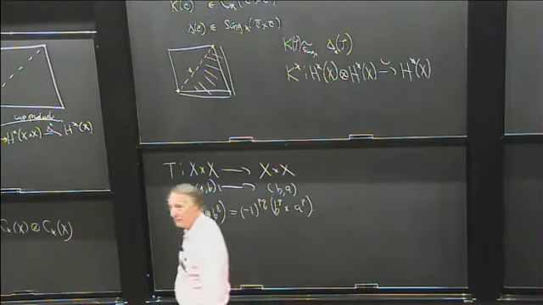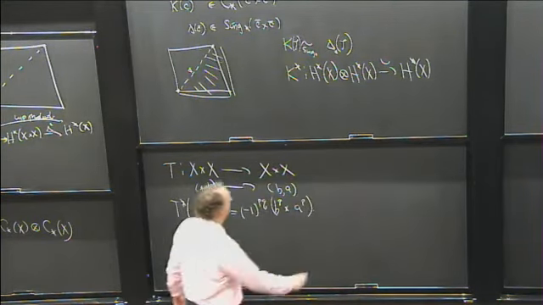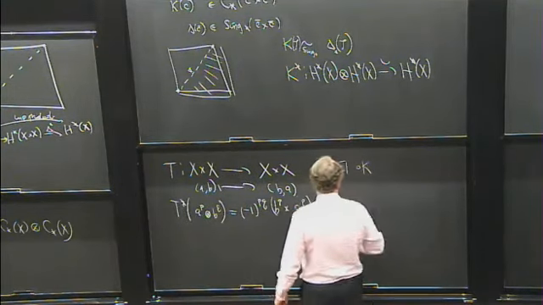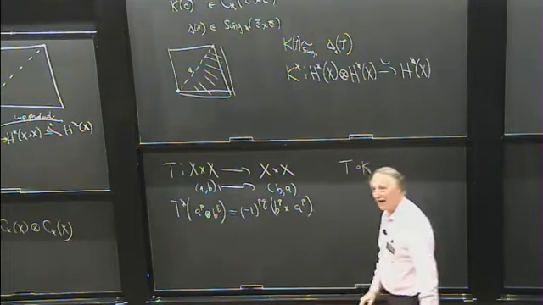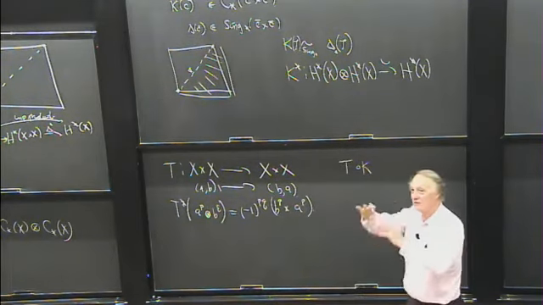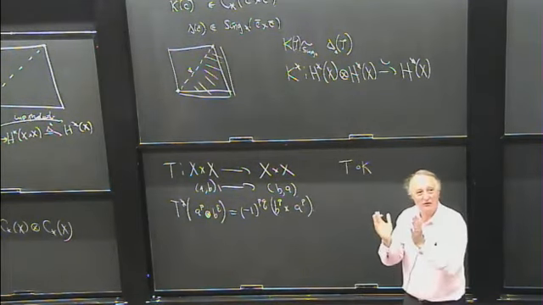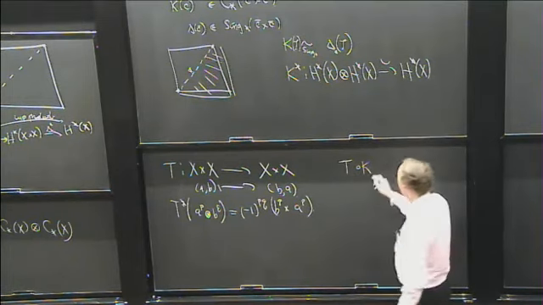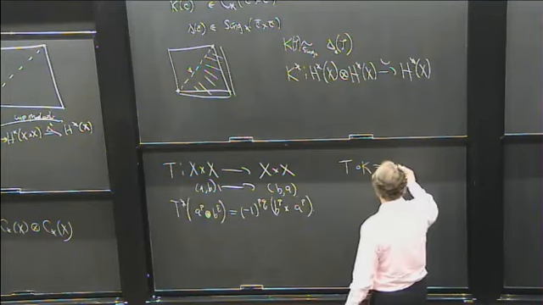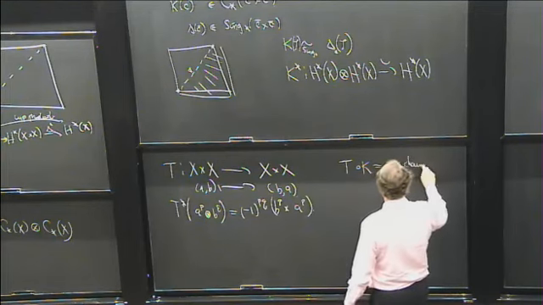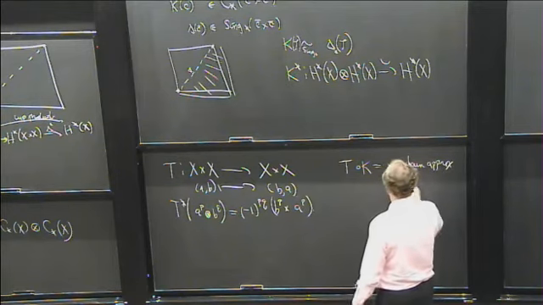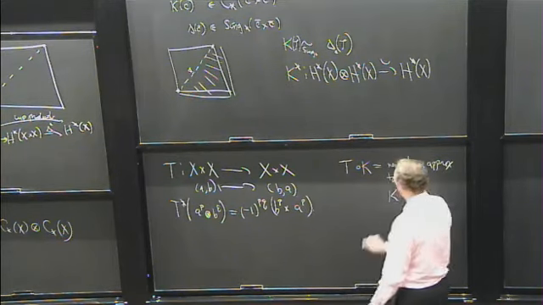Okay. On the other hand, if I take this chain approximation to the diagonal and compose it with the switch of factors, the switch of factors leaves my sigma cross sigma invariant. So this is a new chain approximation to the diagonal. Call it K prime.